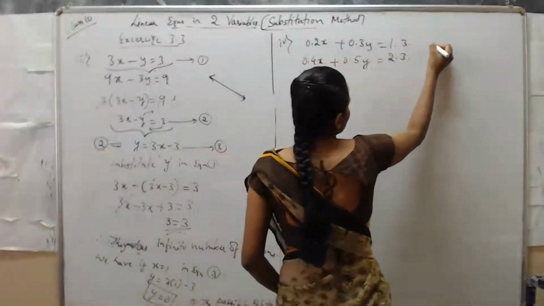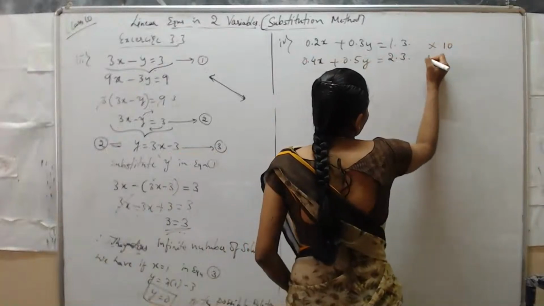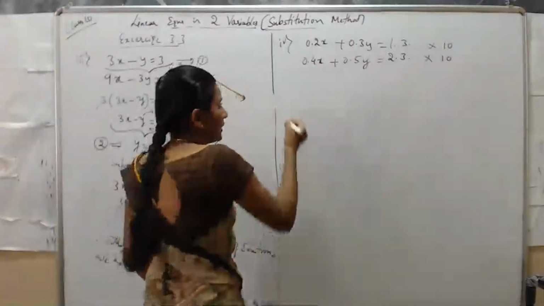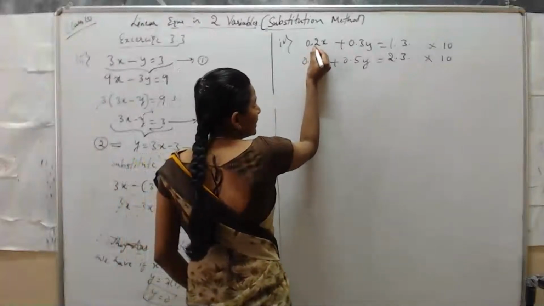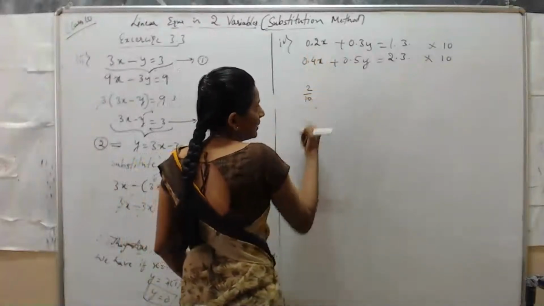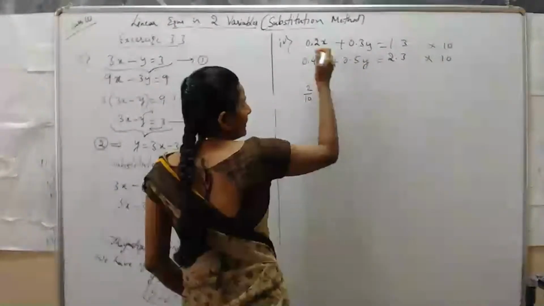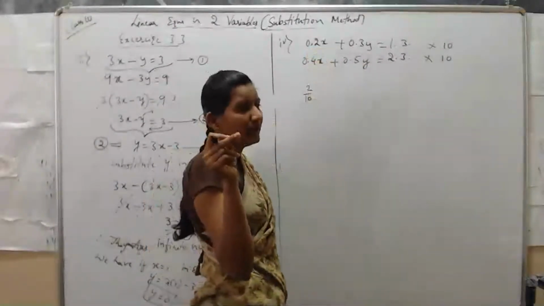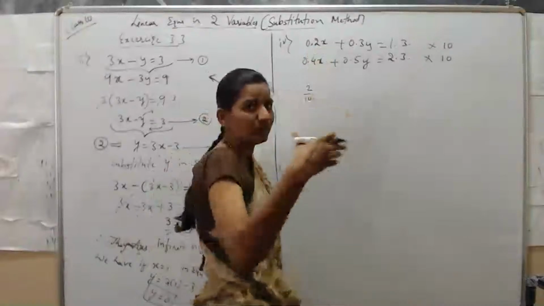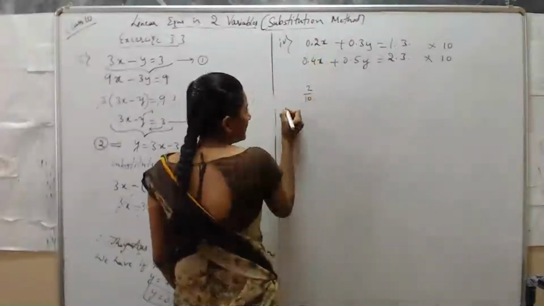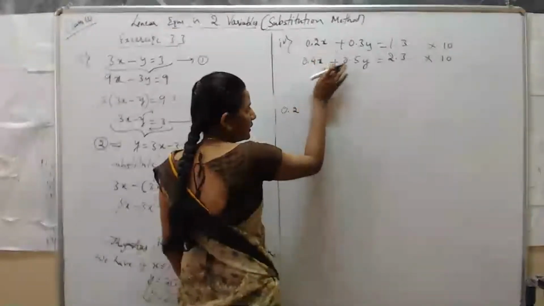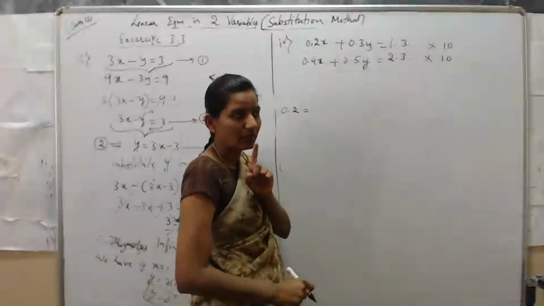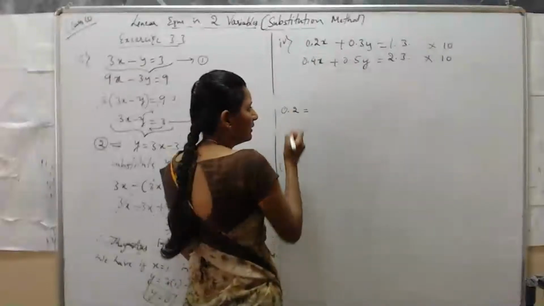Multiply by 10. We have so many methods. If you shift the decimal to the right side, you will get 2 by 10, the same as multiplying by 10. Shifting the decimal is important and it will help in the future. So 0.2, convert this into a fraction. You have learnt this in 6th or 7th standard.